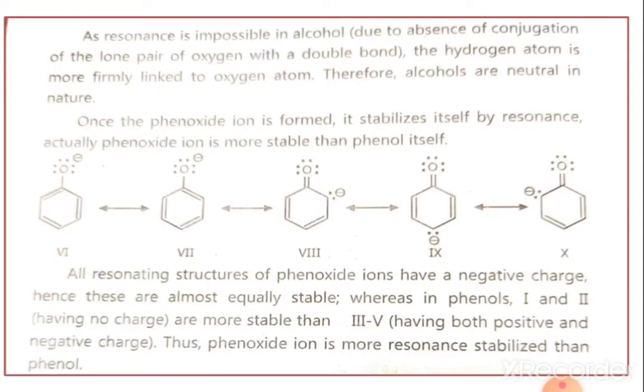Whereas in the case of phenol, structures first and second have no charge and are more stable than structures third and fifth, which have both positive and negative charge, that is OH plus and a negative charge on the benzene at the ortho position.